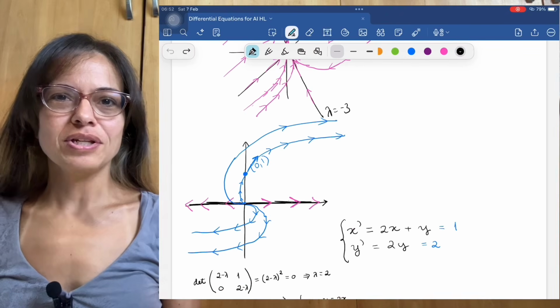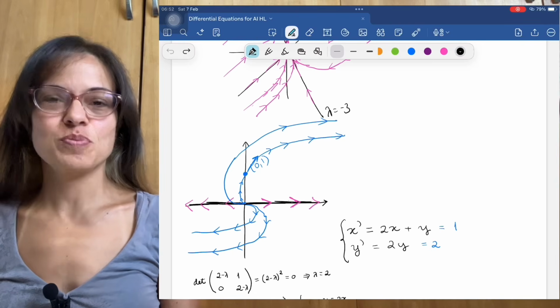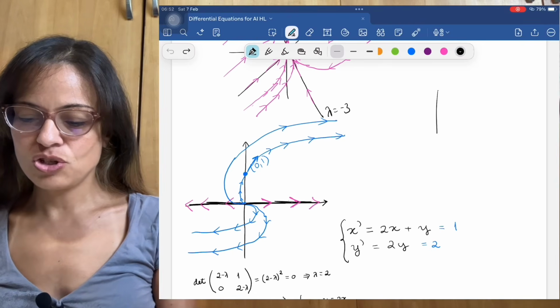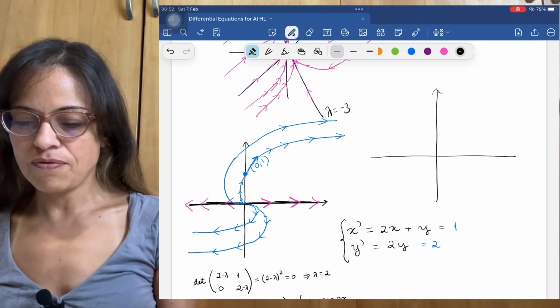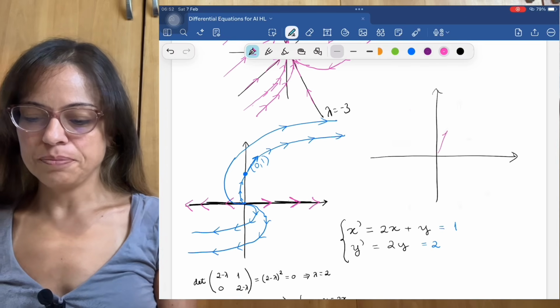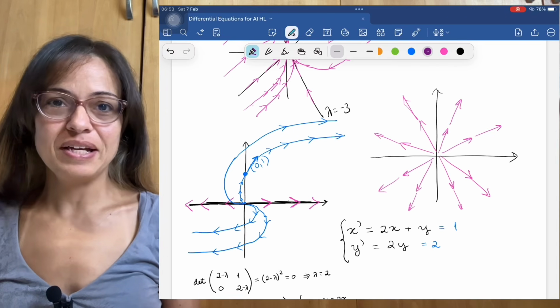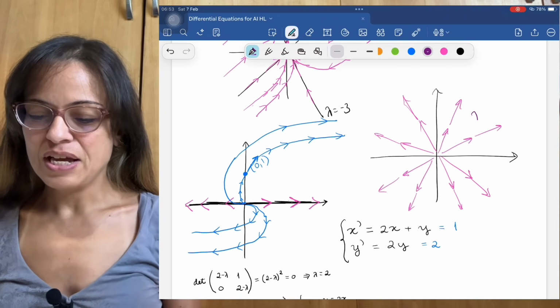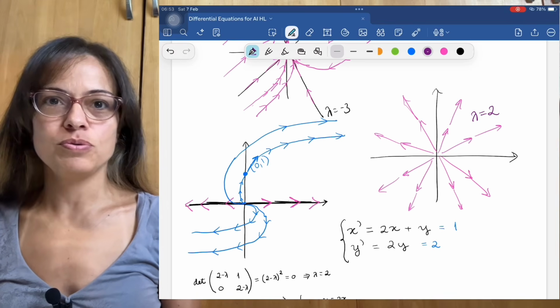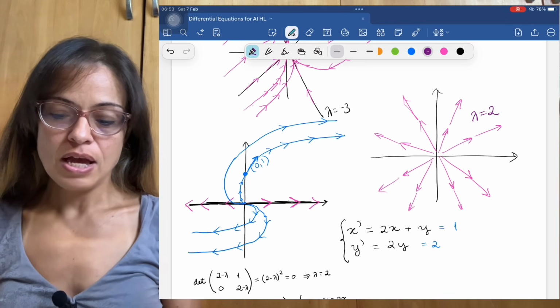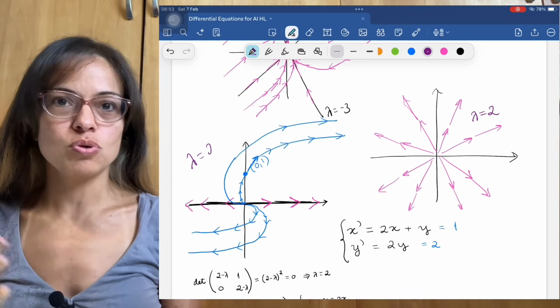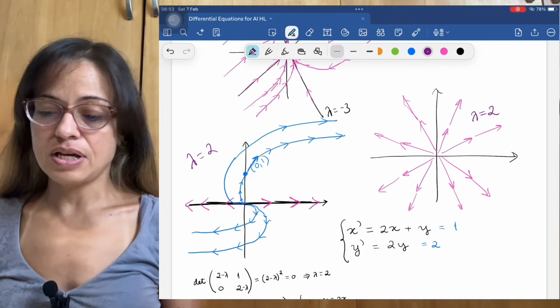And I want to give you a little bit of an explanation of why this picture looks like this, because it's just so different from the other one that you can get with the same eigenvalues. Okay, this pink one is eigenvalue 2 with multiplicity 2, and this one is also the same thing, but the difference is in the eigenvectors.